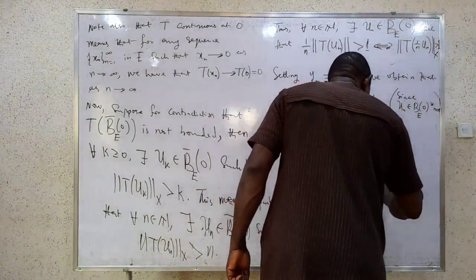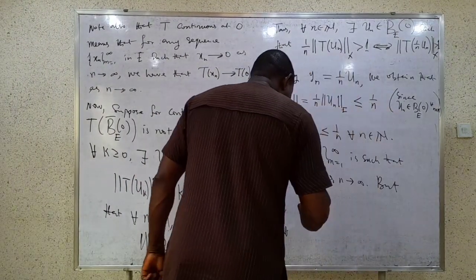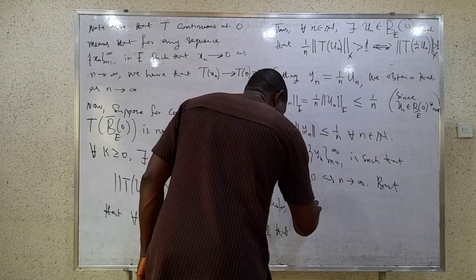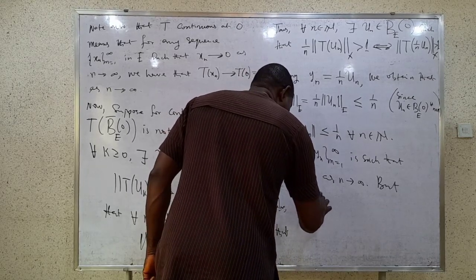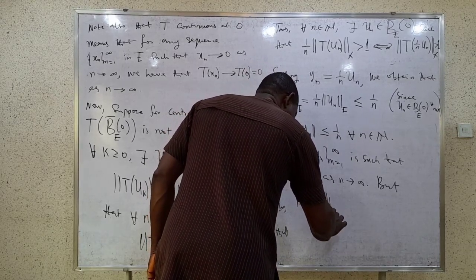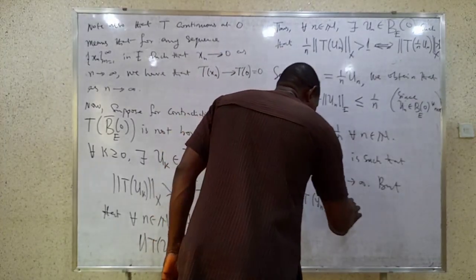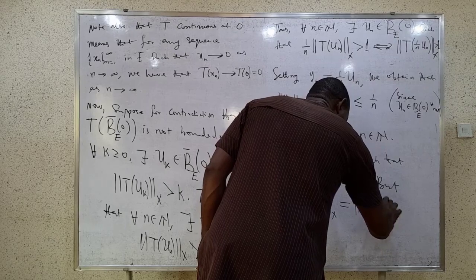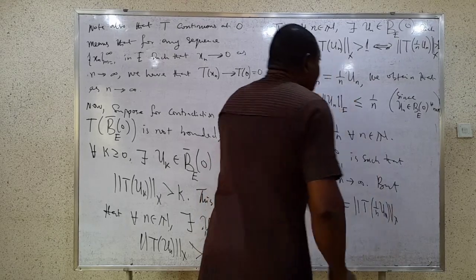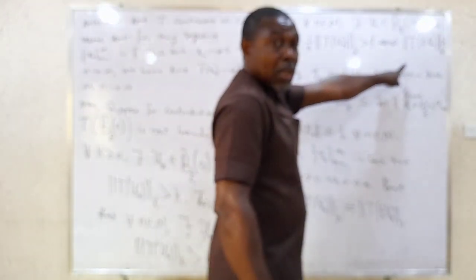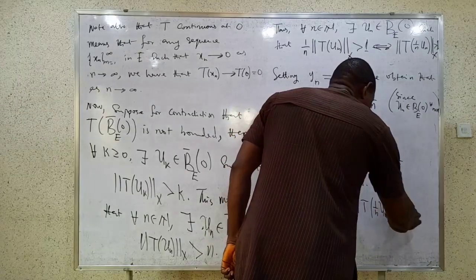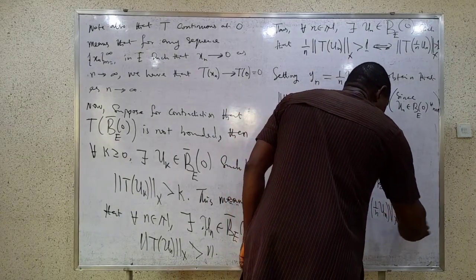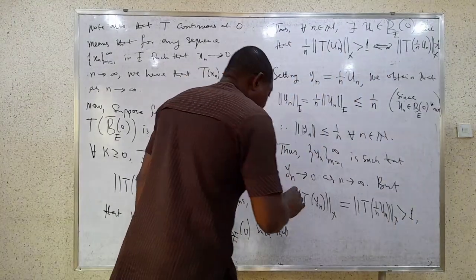But norm of T of y_n is equal to norm of T of 1 over n u_n, and this is greater than 1. Of course, this is a contradiction.